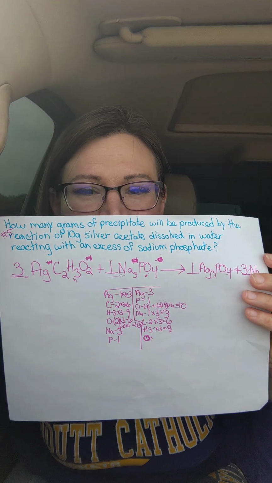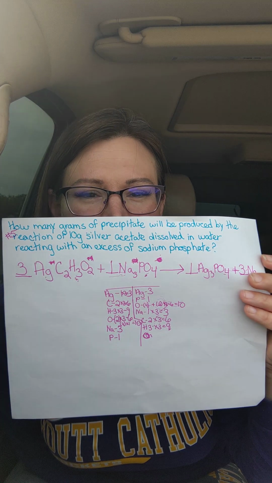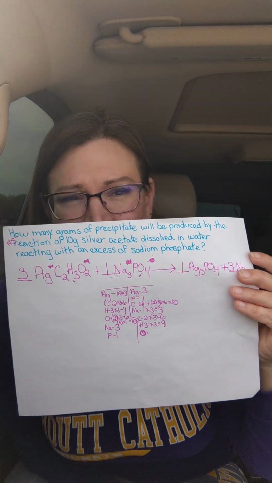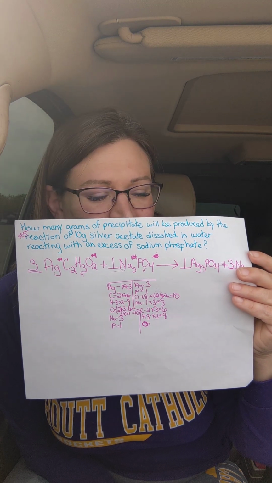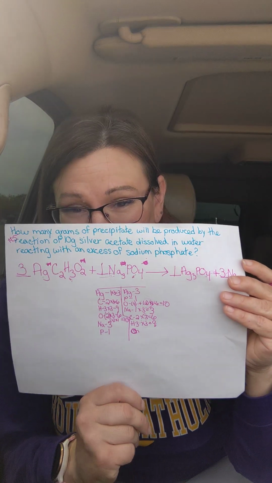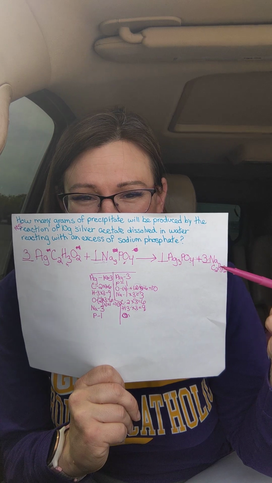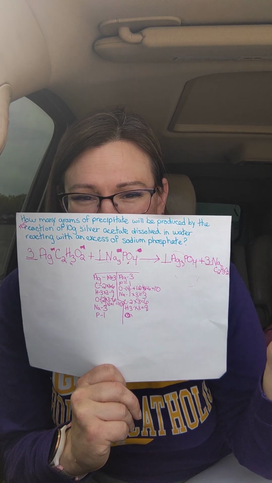But wait, we're not done. We need to go back in the problem and see if we're solving for a reactant or if we're solving for a product. Alright, so this is how many grams of precipitate will be produced. So right there we know that we are solving for a product. We also know that because we solved for what was on the product side.